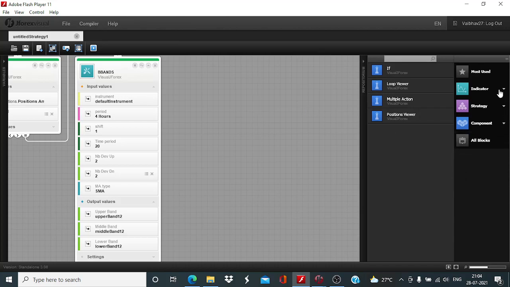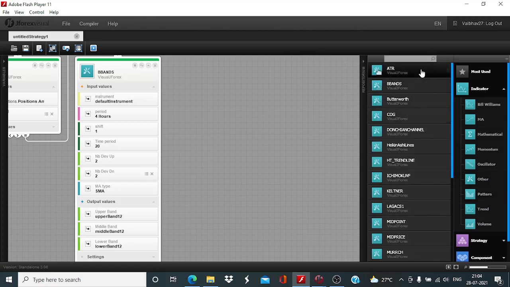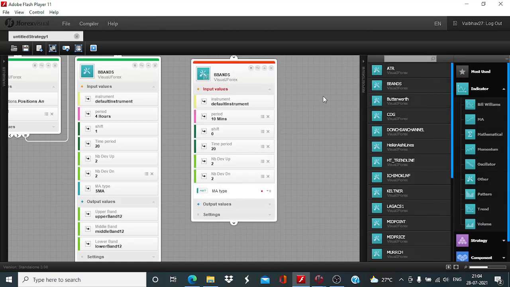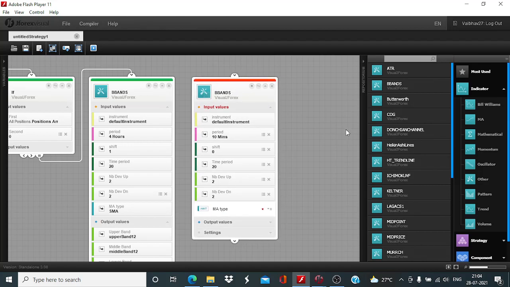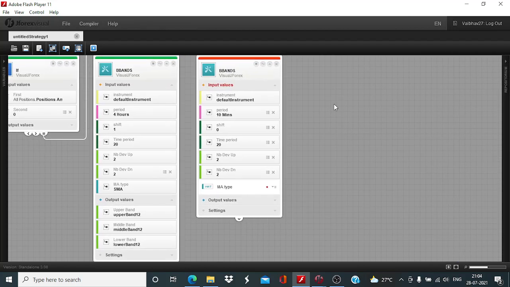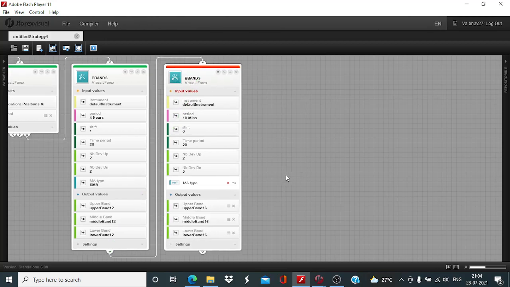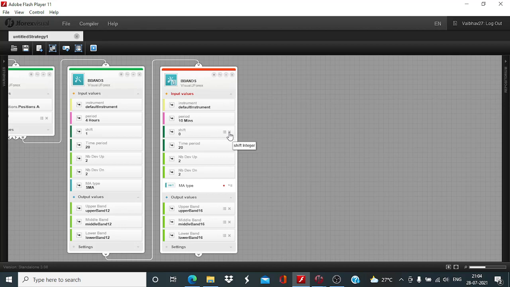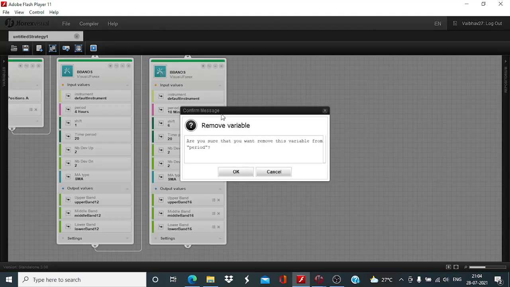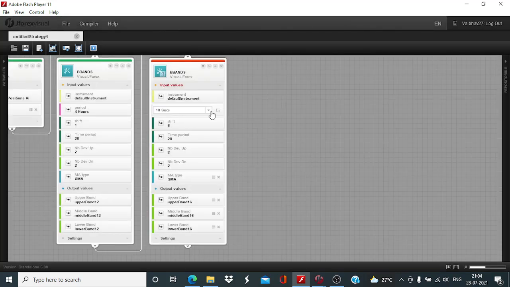Okay, so for this, the indicator other, and here it is. It is going to be 6. MA type is going to be same, SMA, simple moving average, and the candle period will be changed to 4 hours.